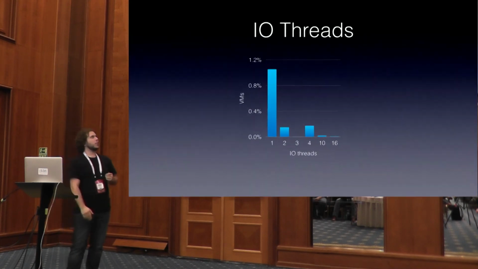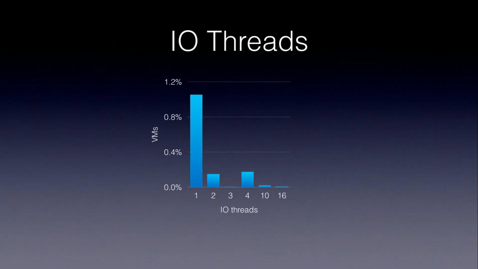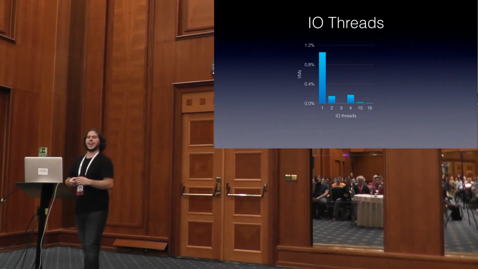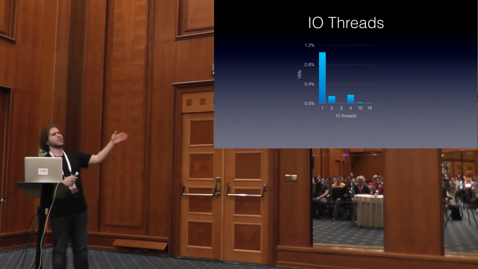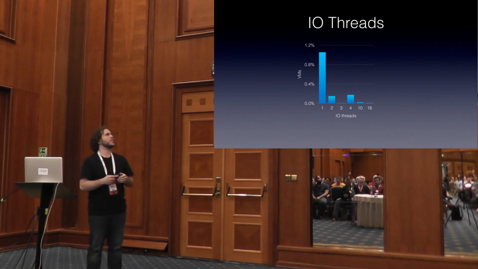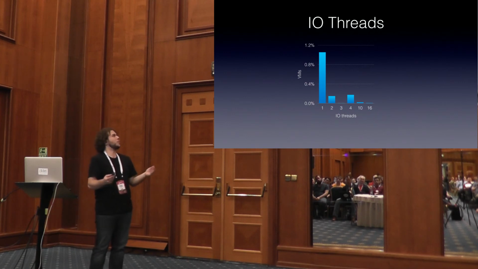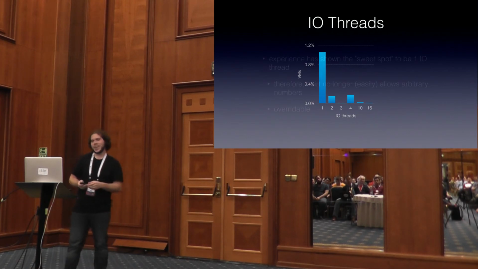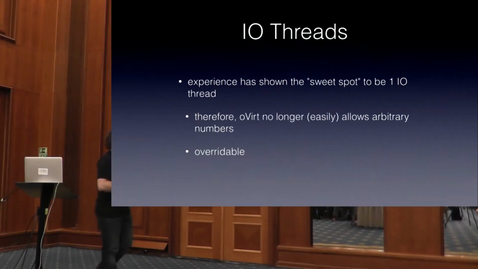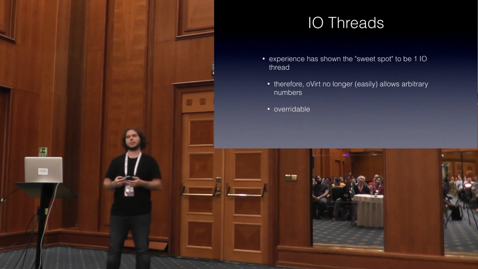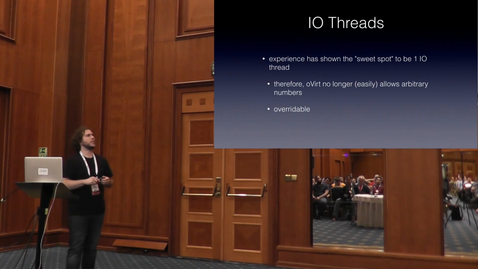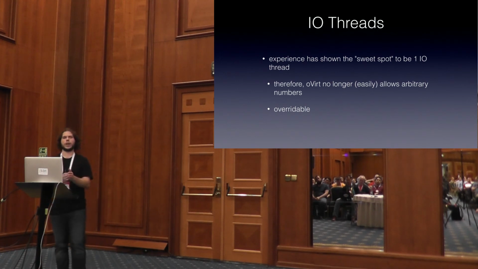Yeah, turns out some people got it right, at least in terms of what we found out. On the other hand, the 3, 10, 16, those are pretty interesting numbers. I would love to hear the background of how people chose them. So at least the experience and tips we got, the information, has reduced the choice to one I/O thread.